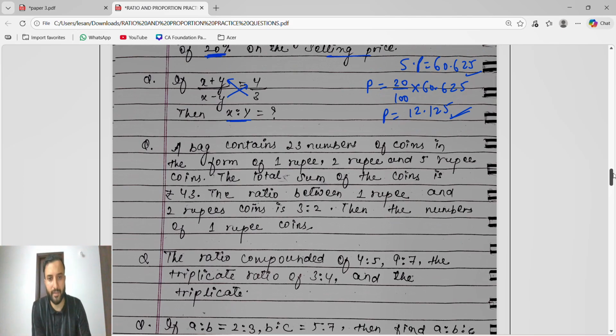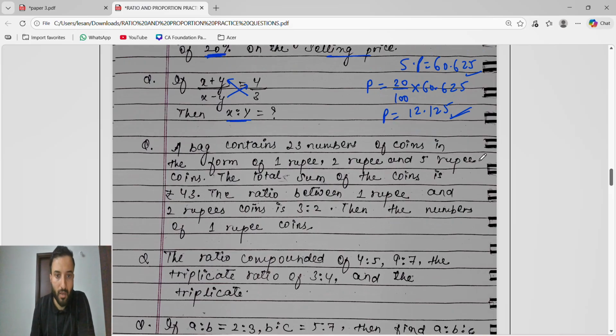When we solve other chapters, I will also tell you by reading the question how to determine its chapter. It will become very easy to analyze and detect questions in the examination.